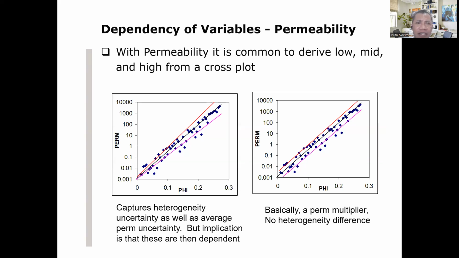A discussion of variable dependency, specifically permeability, in the context of capturing heterogeneity and uncertainty. It's common to derive low, mid, high values of permeability from the cross plot to help account for variation in permeability. However, it implies these derived values are dependent on each other and act as a multiplier for permeability without considering differences in heterogeneity.